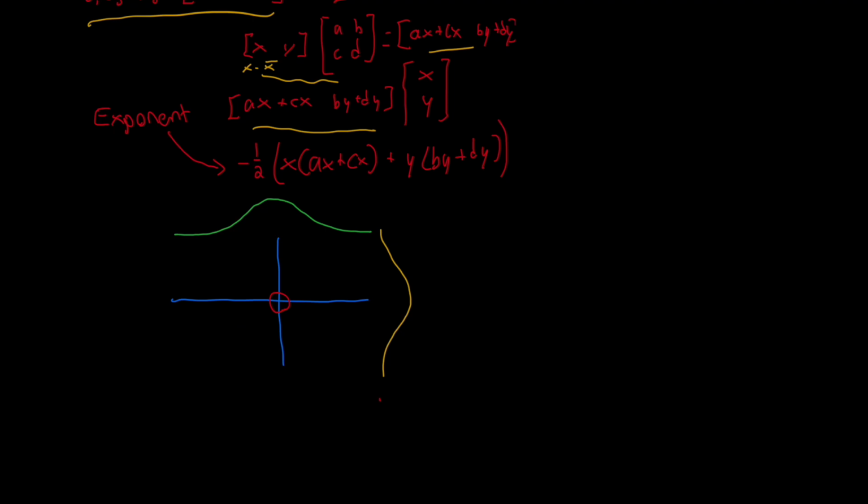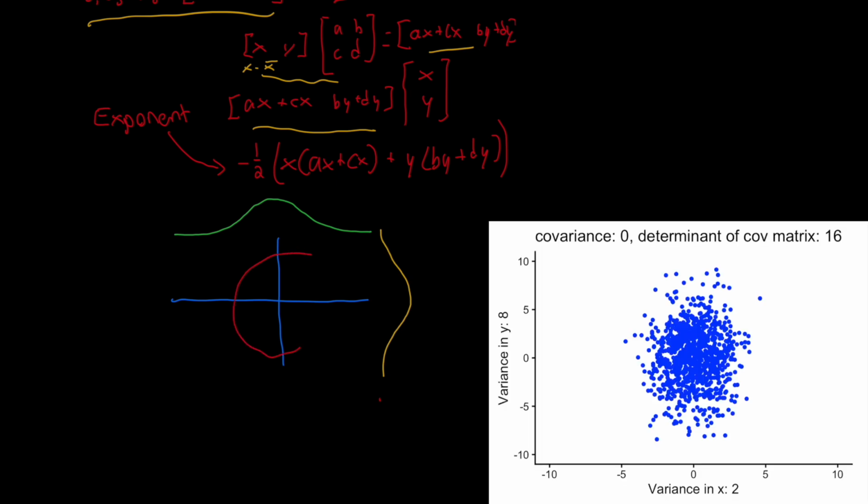Similarly, we can think about what it would look like if we have high variances in one variable, or maybe in both variables. In one variable, it might look something like this or like this. And if you have high variances in both variables, it might look something like this.